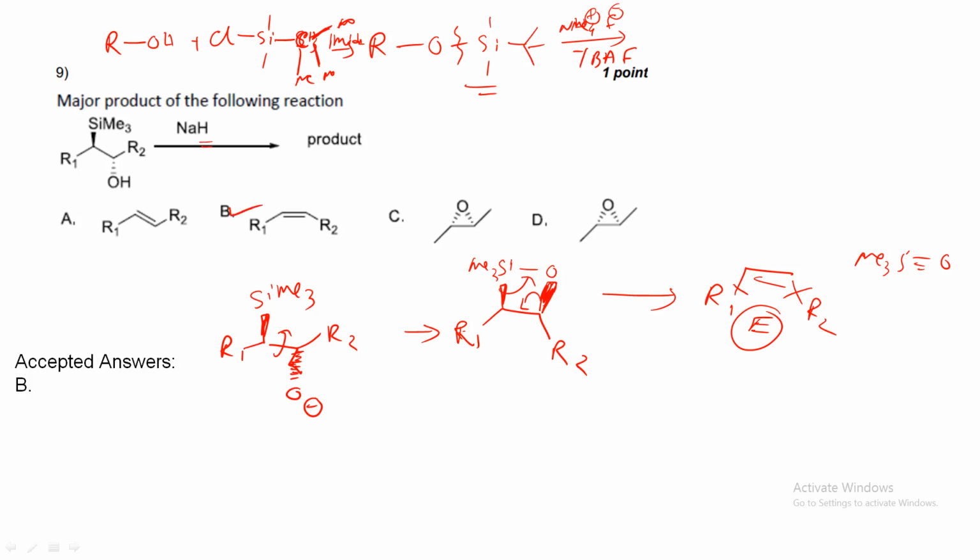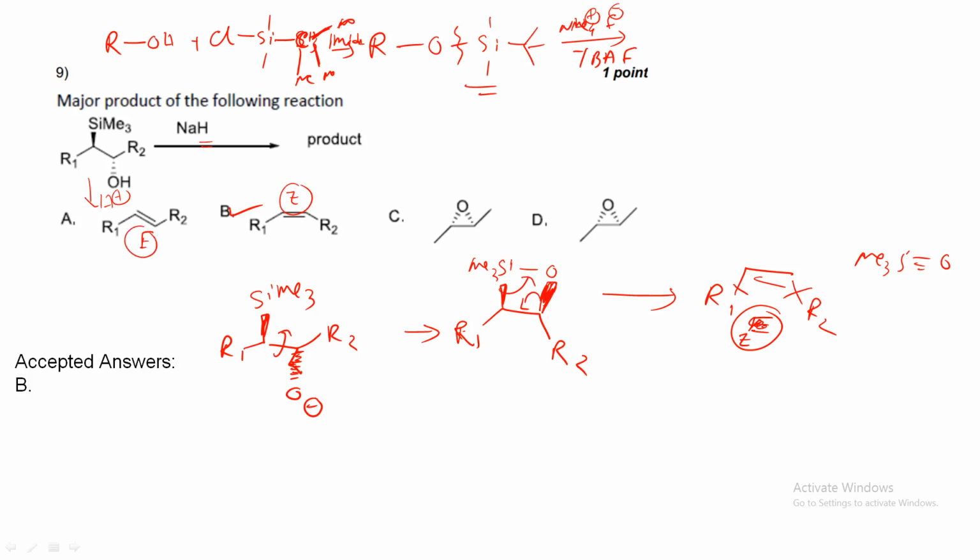And how can we do that? For that we need some acidic source. If we use an acidic source only, then we can do this kind of anti-elimination and form the Z bond. Oh, sorry, here I have written it wrong. It is Z actually, and if anti, it would be E. So it is Z.